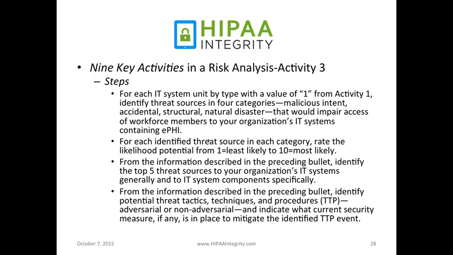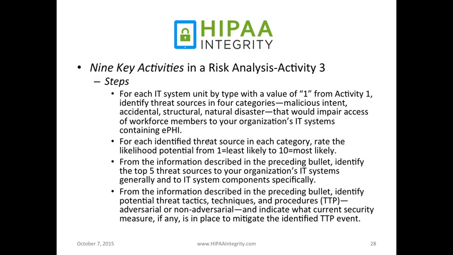So for each identified threat source in each category, you're going to rate the likelihood potential from 1, least likely, to 10, most likely for that to occur. So if you're in the middle of the country, for example, under natural, least likely to occur would be a hurricane, most likely would be a tornado, and similar depending upon where you are locationally.